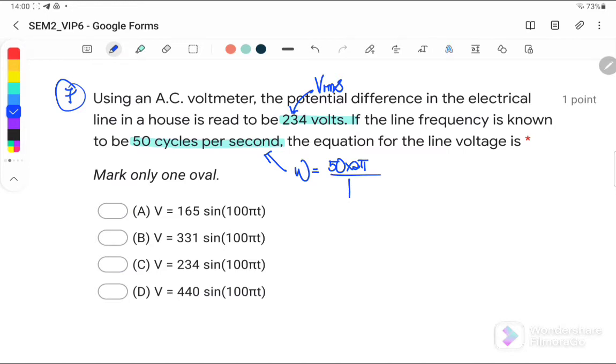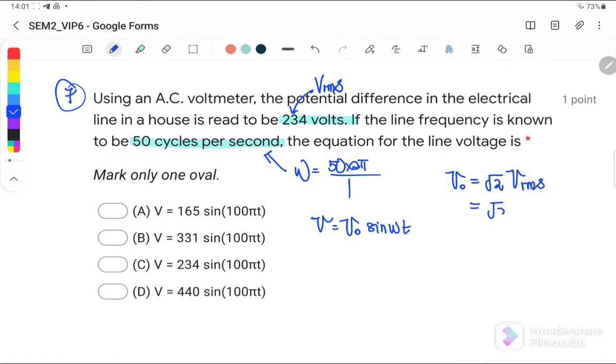The equation of the line voltage is, okay, we want to construct an equation for the voltage where V is equal to V0 sine omega t. Now we want to find V0, because VRMS is equal to V0 over root 2. Therefore V0 is equal to root 2 times VRMS.